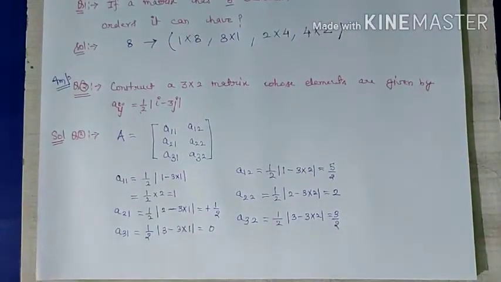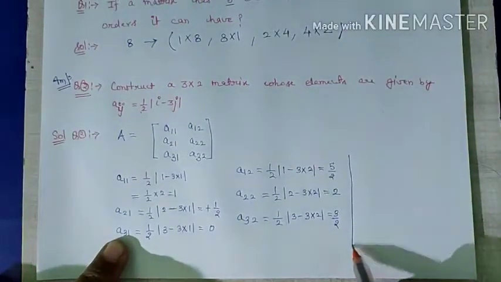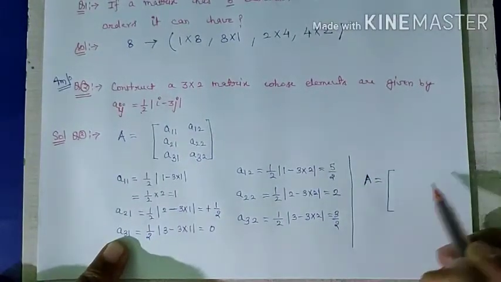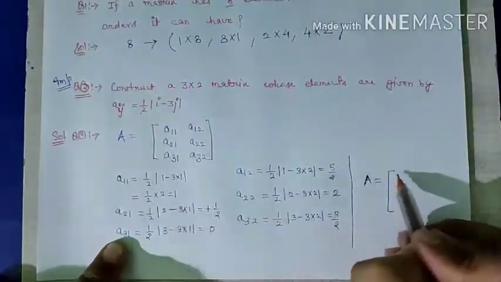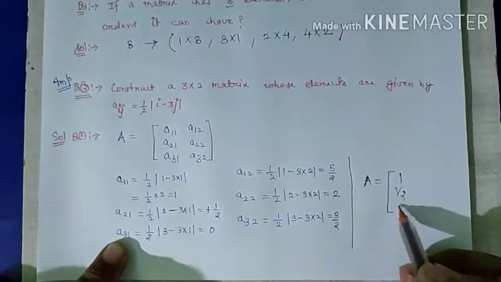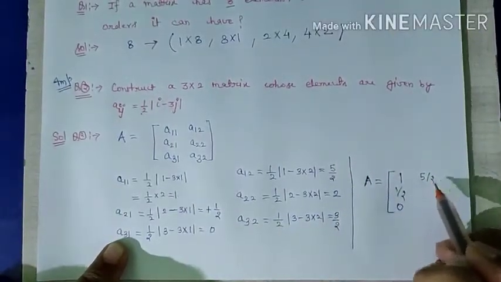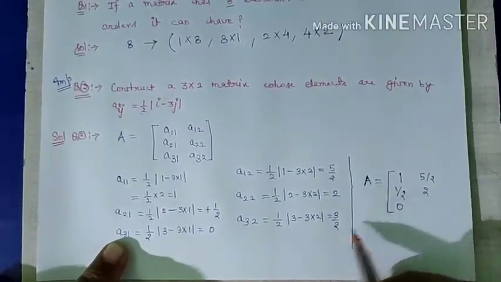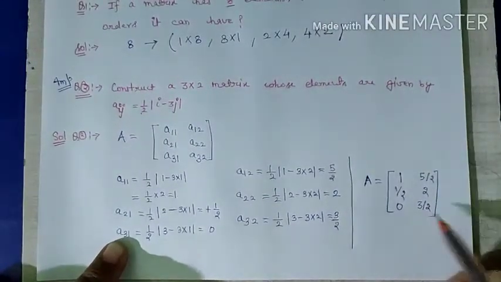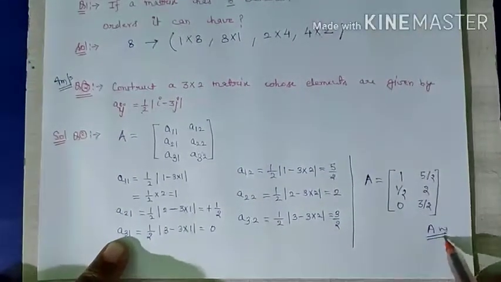So in this way you will write the final matrix as 1, 1 by 2, 0, 5 by 2, 2, 3 by 2. This is the required matrix.